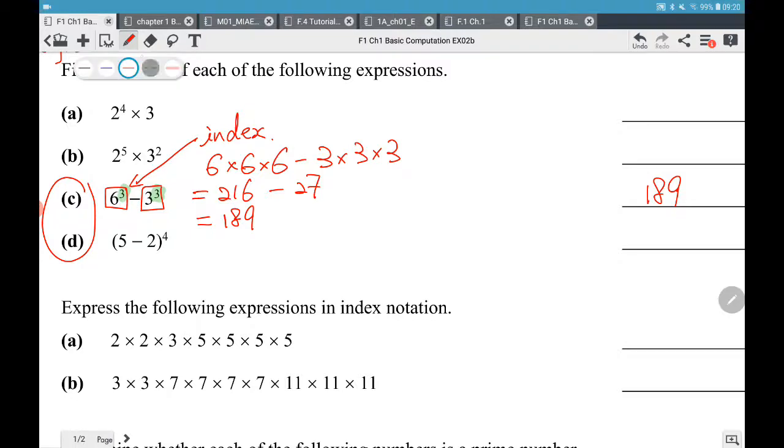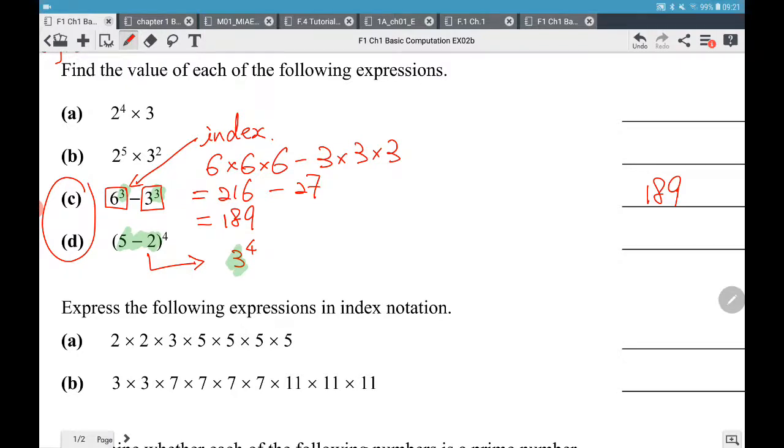For part D, we should understand that the first step in this calculation, we must handle the subtraction inside the bracket. Therefore, the first step becomes 3 to the power 4. Because after the subtraction of 5 minus 2, we have 3, and then we have 3 to the power 4.